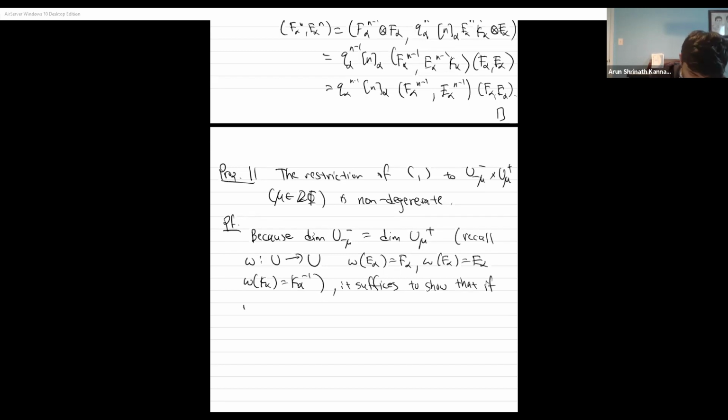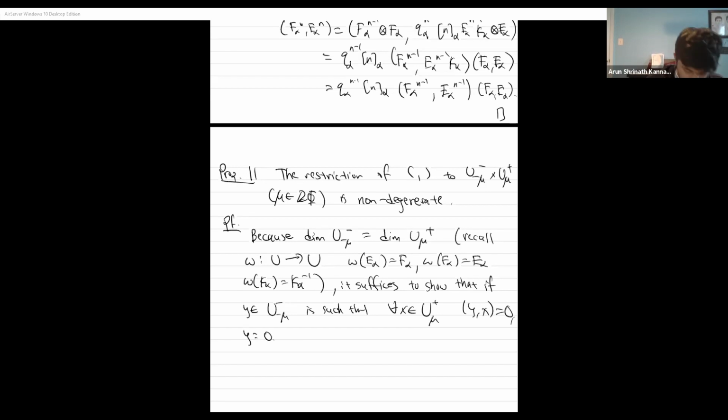if y is an element of u minus mu, so let's fix a mu, so y in u minus mu is such that for all x in u plus mu, y paired with x gives 0, we want to show that y equals 0.